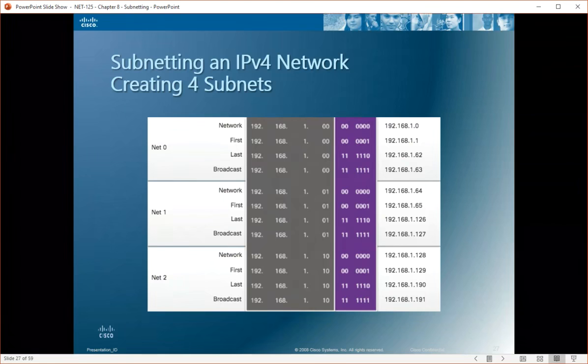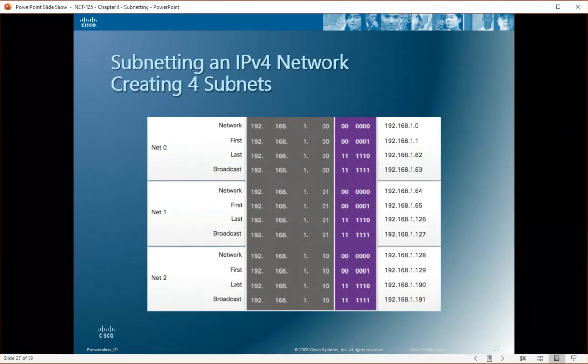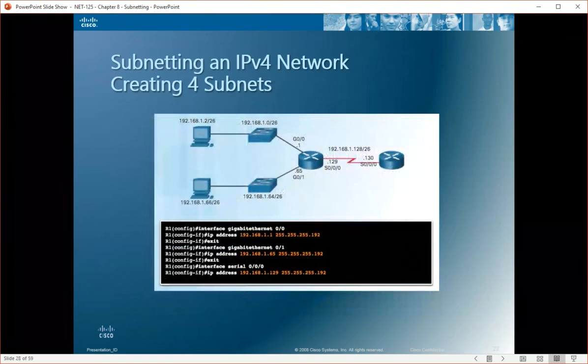So here we can see the structure of those networks. I don't know why they cropped off number 3, but that's the same general structure. So we can see it's 1.00, 1.01, 1.10, and the other one will be 1.11. Okay. And then we go ahead and assign them normally. So we see here we've got our 4 subnets.